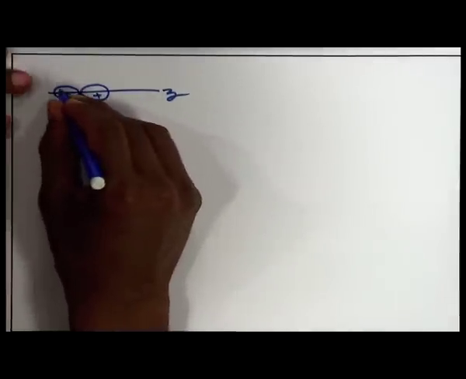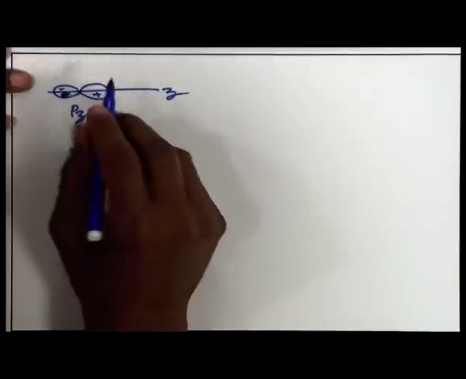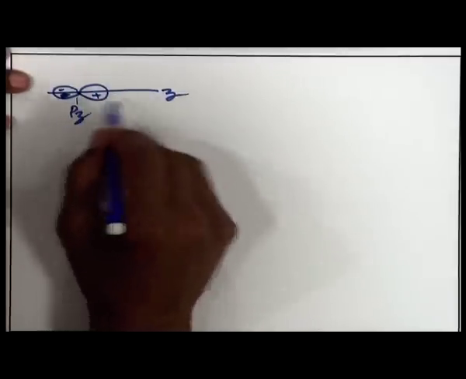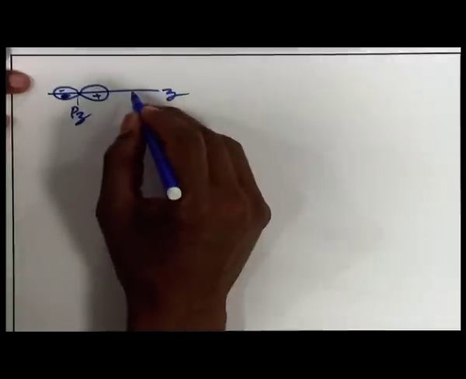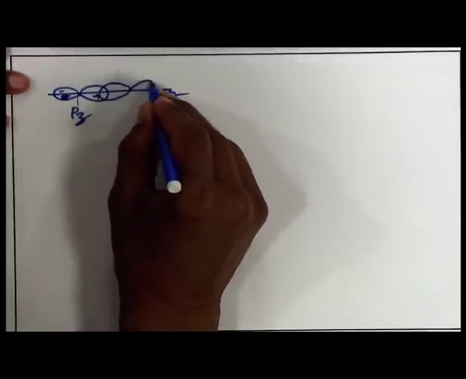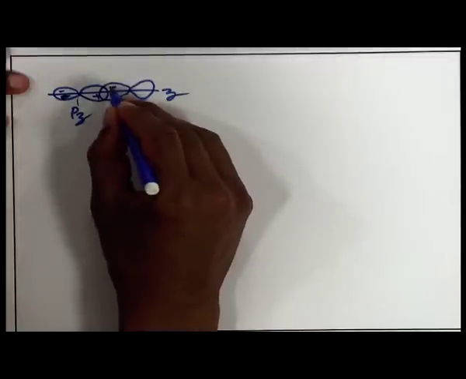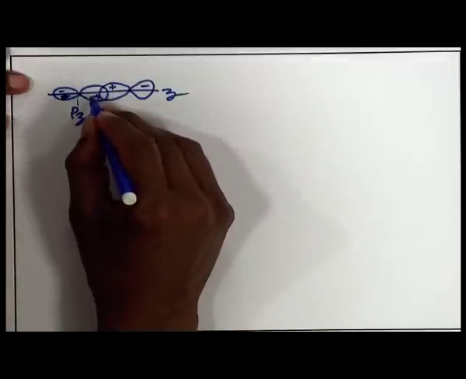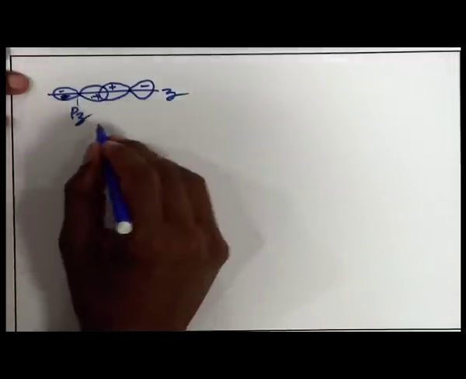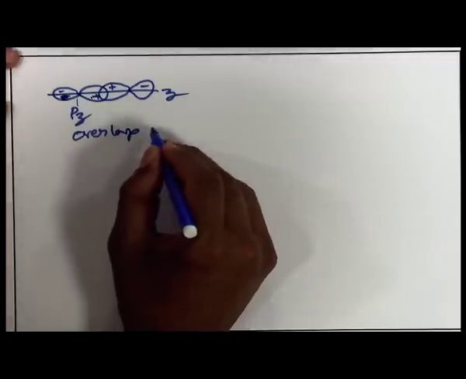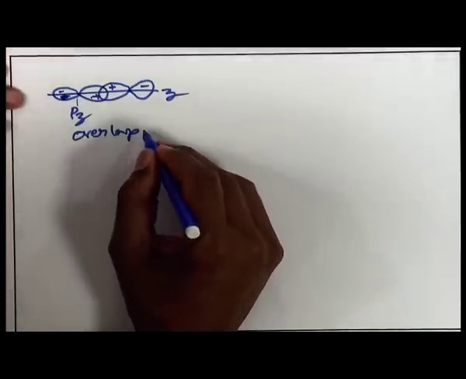Sorry, this is negative, positive, negative, because the sign of the wave function changes after the nodal plane, as you studied before. Now, you can have another orbital overlapped with this one. This is positive, this is negative. The sign of the wave function for this orbital is positive, and this is also positive. Here the overlap is positive, greater than 0.